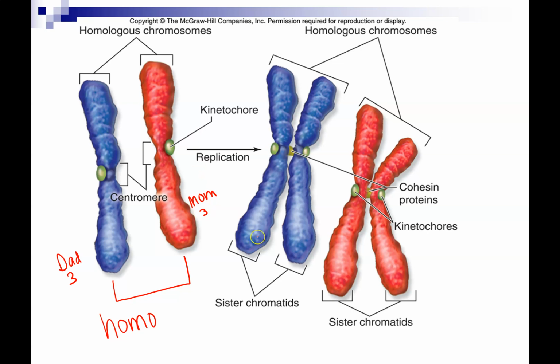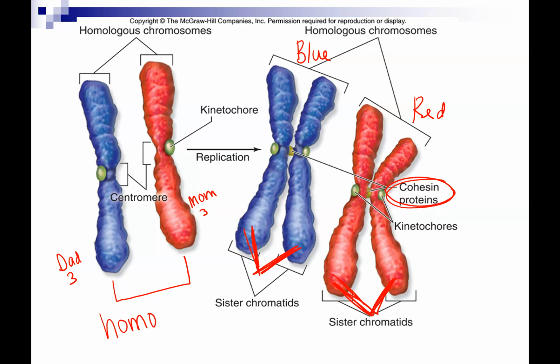If you look here, when they're linked, see the two blue ones right there? Those two are sisters, and these two red ones are sisters. But since you have red over here and you have blue over here, they are considered homologous. So they have the same genes in the same spot. They're just not identical. There's our cohesin proteins, which hold together the sisters, which we talked about.